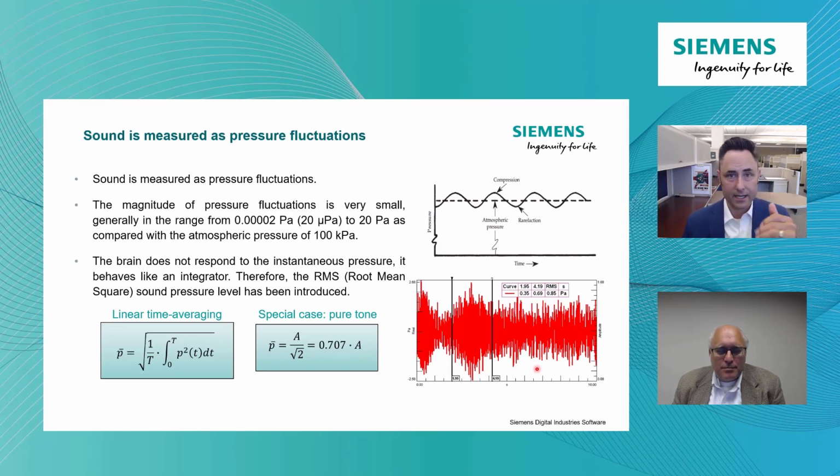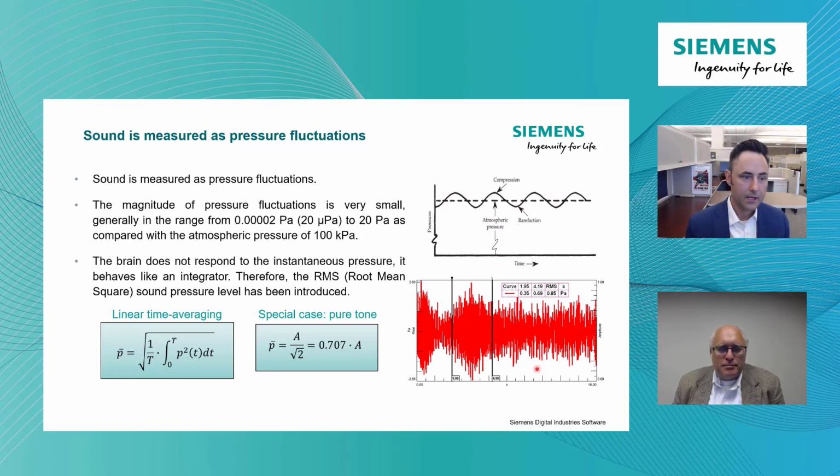Our brain does not hear this instantaneous pressure fluctuation. Our brain groups and lumps chunks of time together, and we report an amplitude at a certain chunk of time. Our brain uses an integrator function, if you will, to grab a chunk of time and frequency, and we experience that chunk as one whole thing.